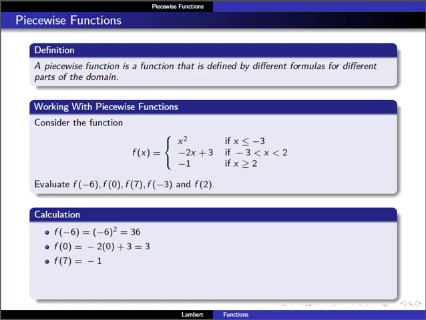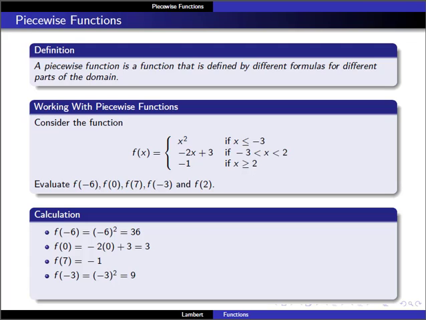So the last couple, these are kind of the endpoints of intervals, so we'll take a look at these as well. F of negative 3, what are we looking at? Well, f of negative 3, so we have x value of negative 3. Notice that does satisfy the first condition, because negative 3 is less than or equal to negative 3. So when we plug that into the equation x squared, we'll get negative 3, the quantity squared, which is just equal to 9.